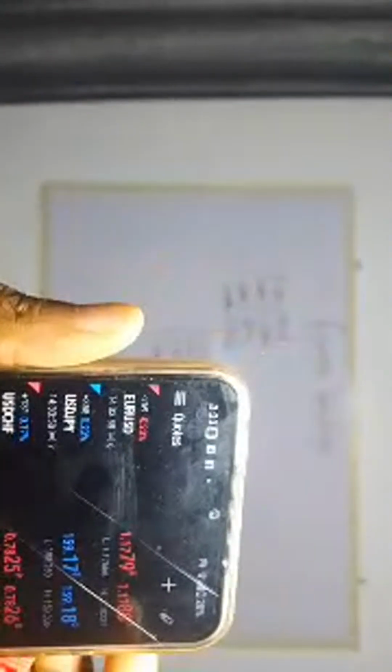So I place this and this. I don't know if you're seeing what I'm trying to show you. So this is JPY. This is how the chart looks on your mobile.